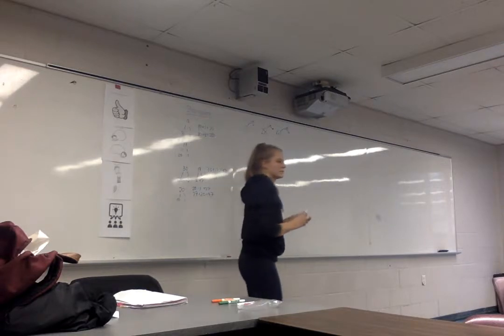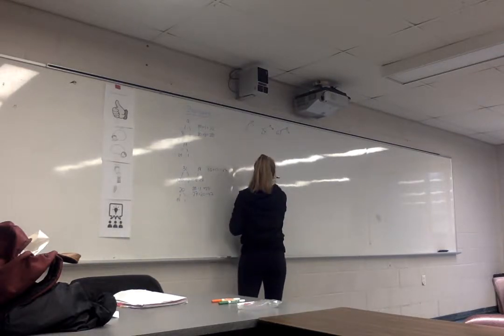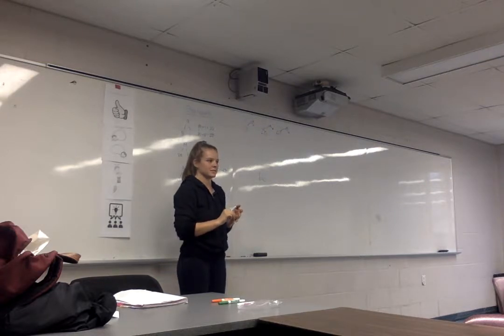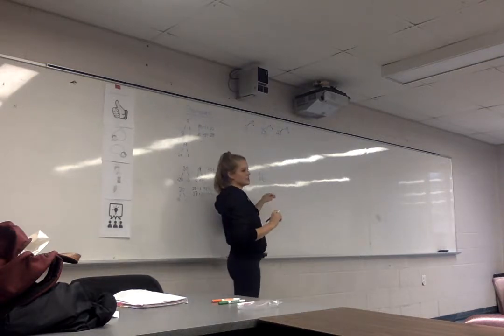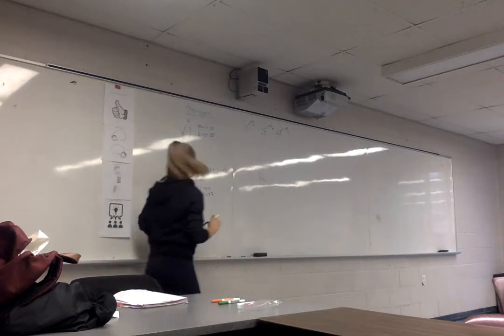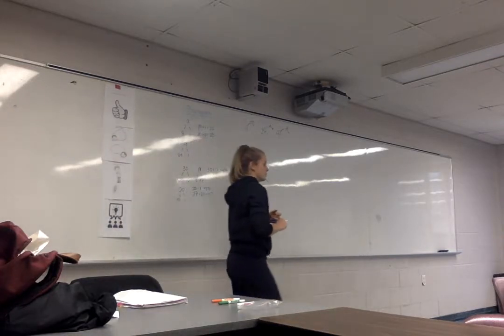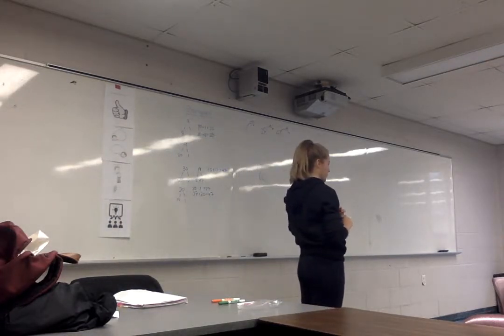Aziza? 66. So her answer is 66. Did anybody get a different answer other than 66? We all agree the answer is 66? And are there any strategies that I haven't represented on the board that you think that somebody used? Can I use another strategy? Yes, for that one I used a strategy.